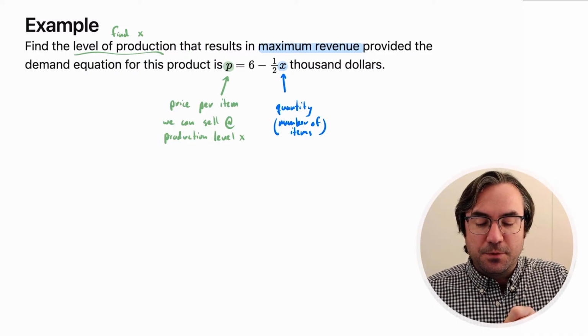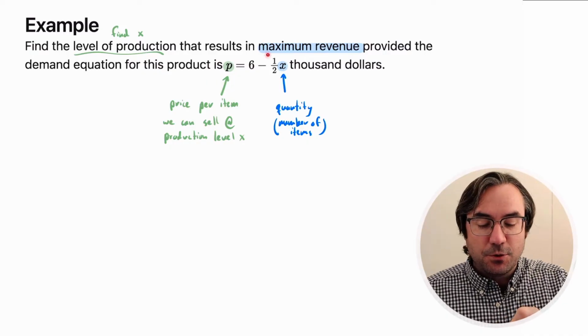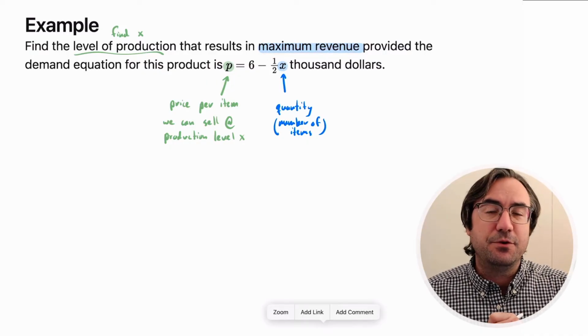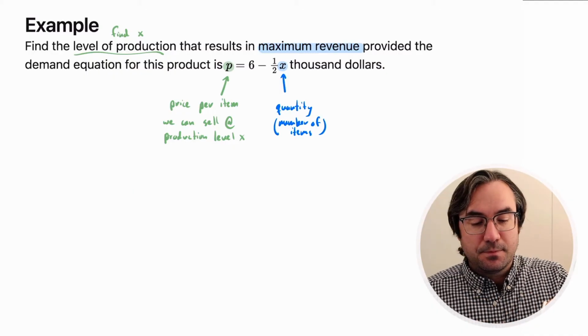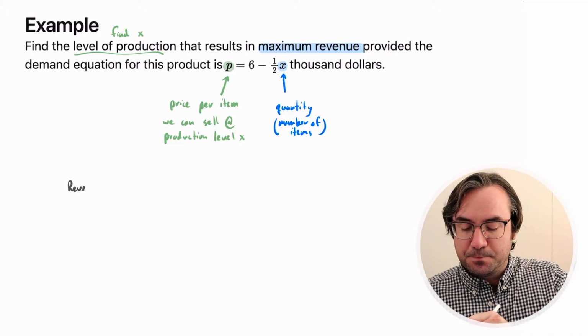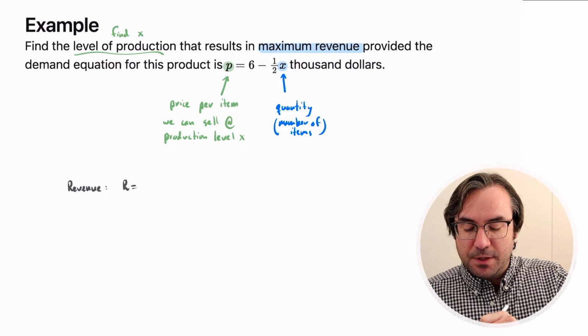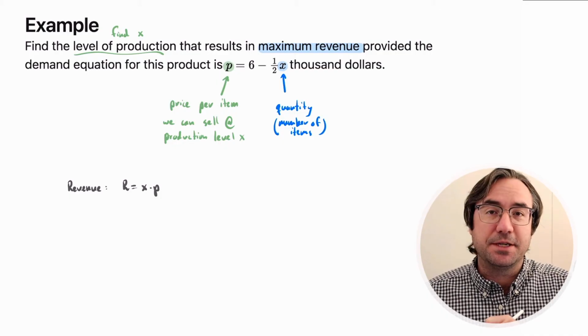All right, so the demand equation here is not the revenue function. So we actually have to figure out the revenue function first. And let's recall what that is. So revenue in general is equal to the quantity times the price.